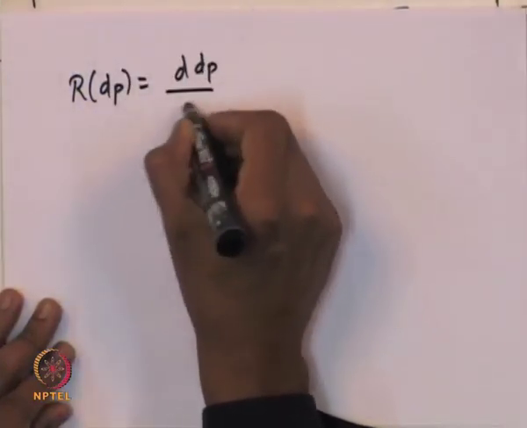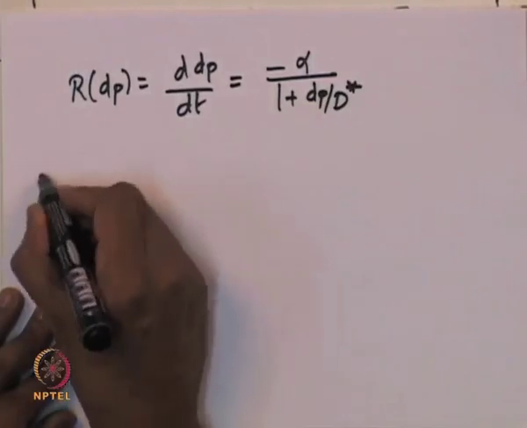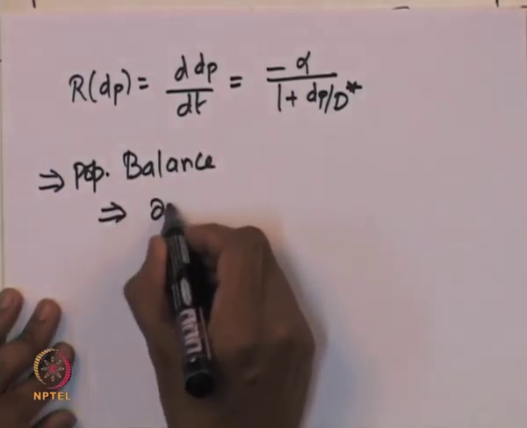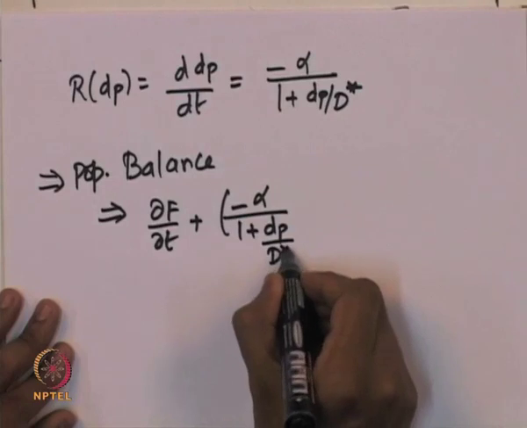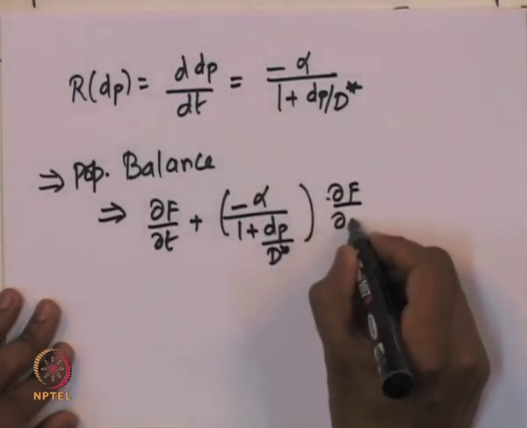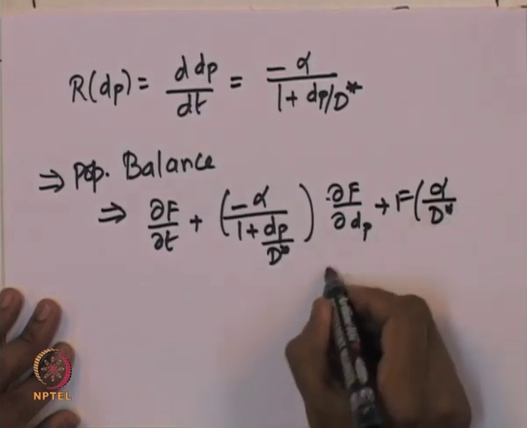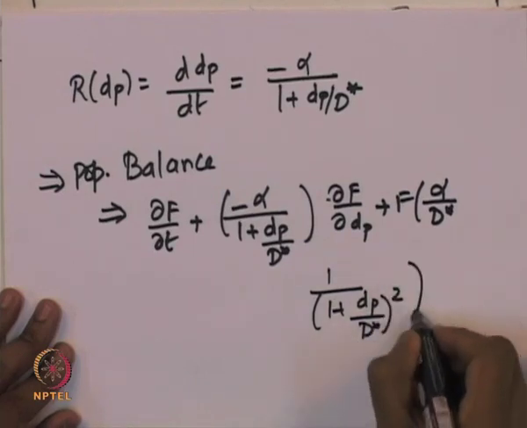So, plugging that into the expression, we will find that the rate of r dp is equal to minus alpha by 1 plus dp by d star, and so the population balance will be df by dt plus minus alpha by 1 plus dp by d star into df by d dp plus f into alpha by d star into 1 by 1 plus dp by d star the whole square, that is equal to 0.